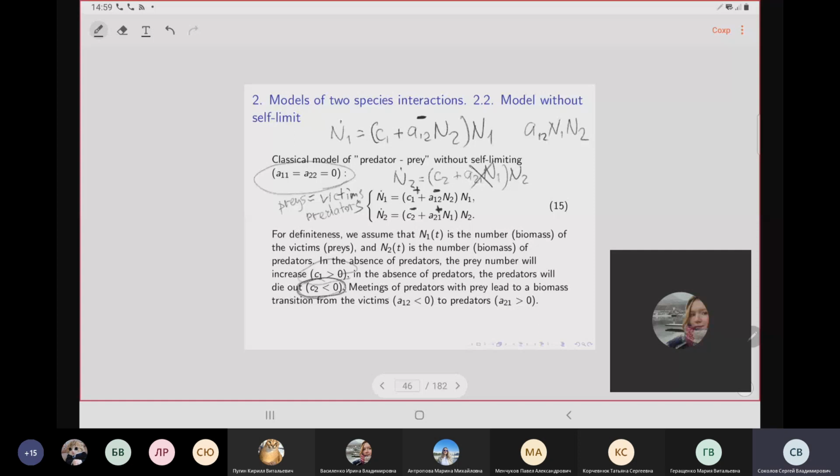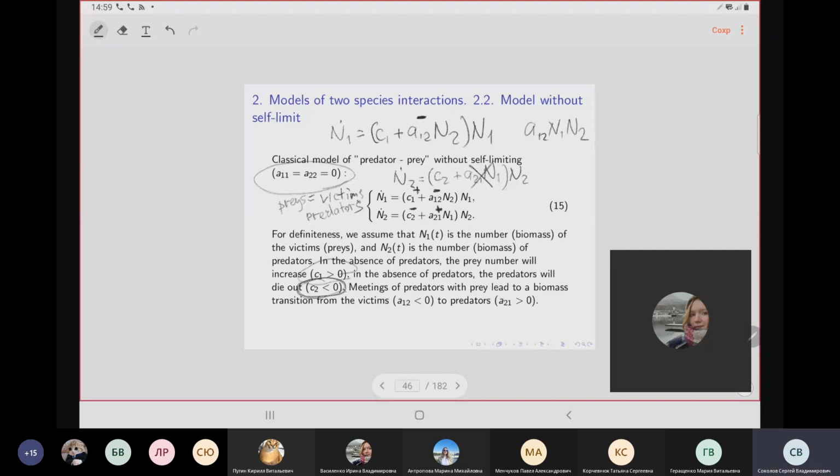So we're going to see some dynamics with coexistence of victims and predators. We can see this coexistence from the mathematical point of view.